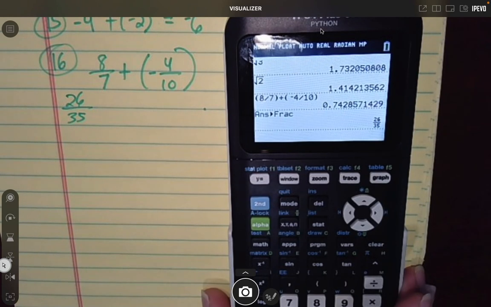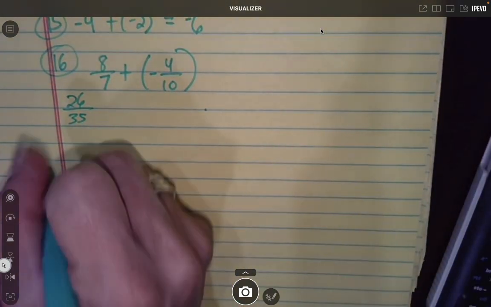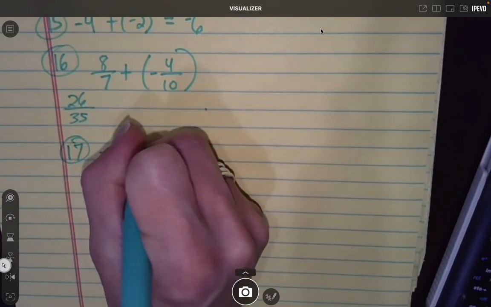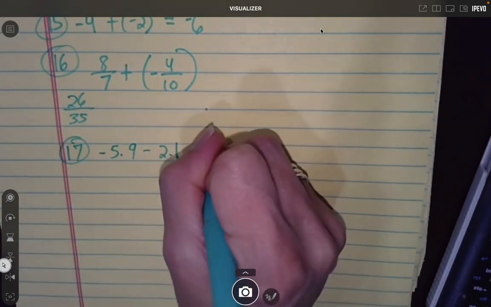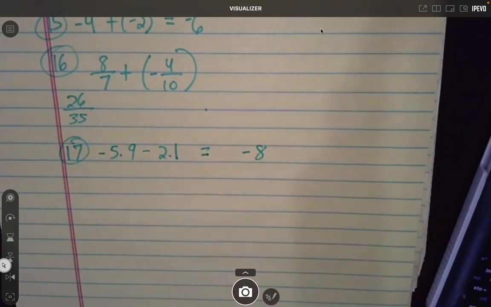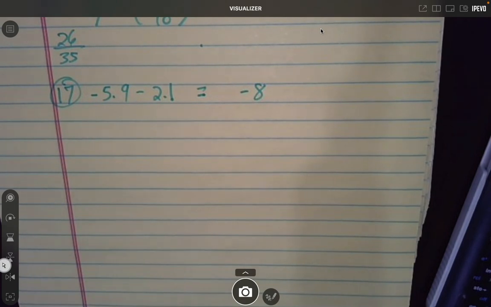Then number 17. We are going through this. All right, what'd y'all get for 17? Let's see. Negative 5.9 minus 2.1. And wait, what'd you get? Negative what? Negative 8. All right. Number 18.